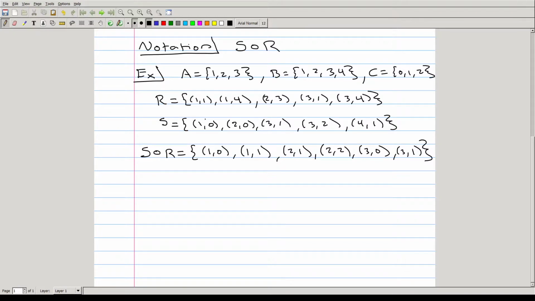And this is because (1,1) is in R, (1,0) is in S, therefore (1,0) is going to be in S composed with R.